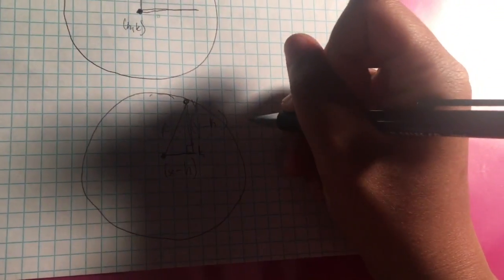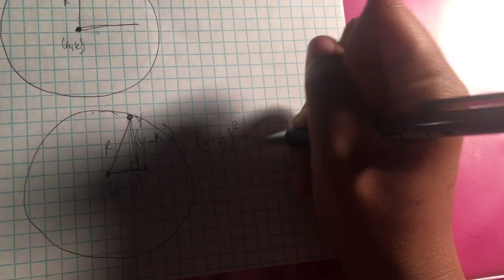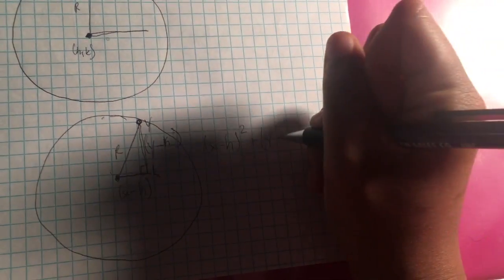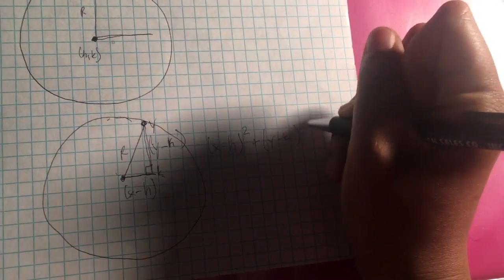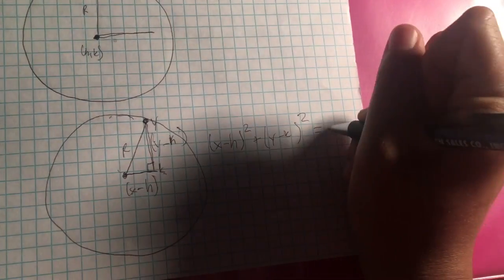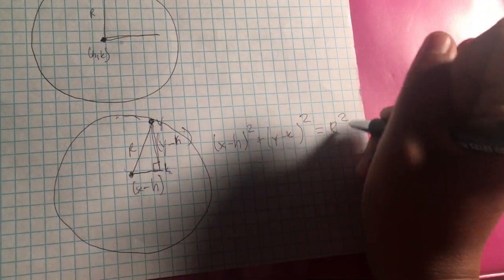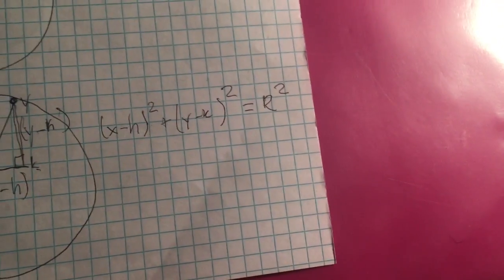So the equation must be (x − h)² + (y − k)² = r², where r is our radius. And this is our equation for a circle.